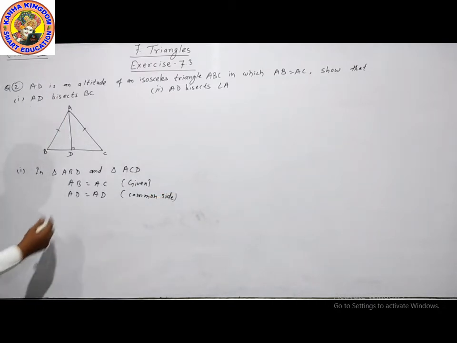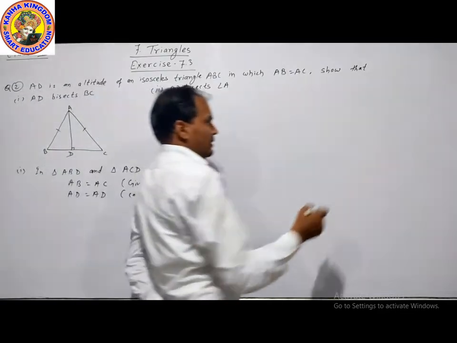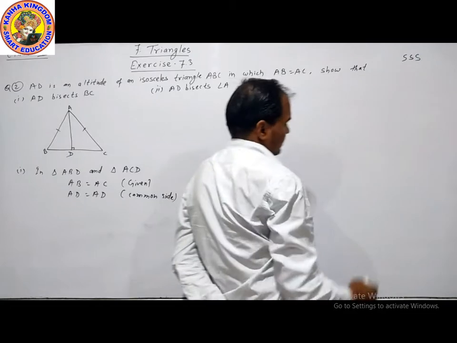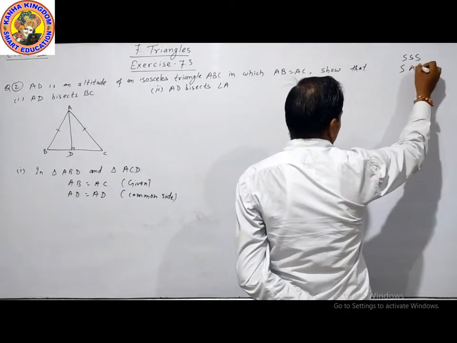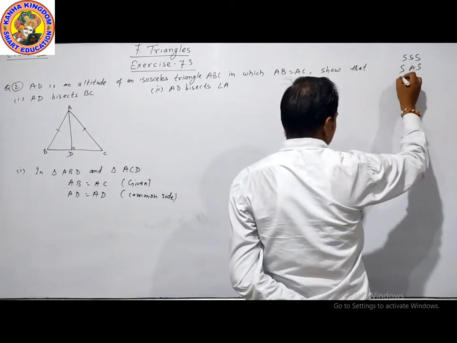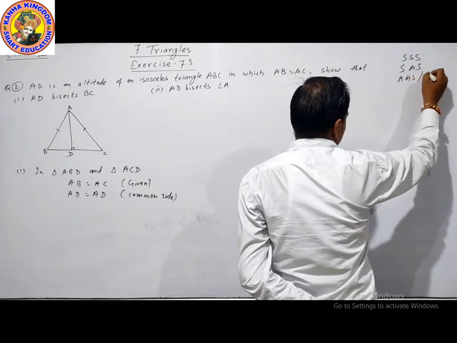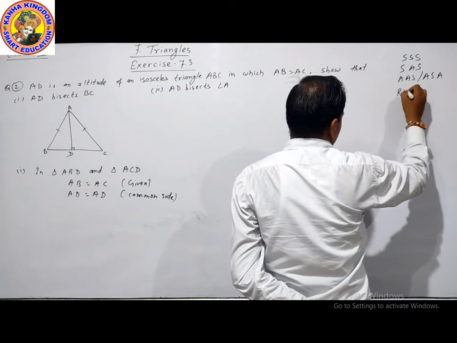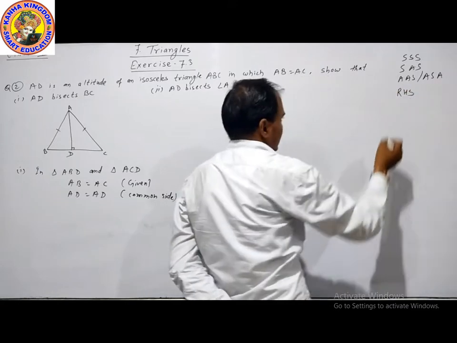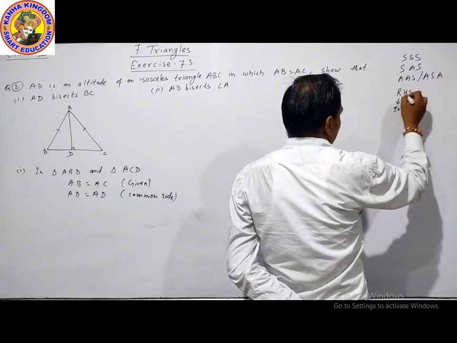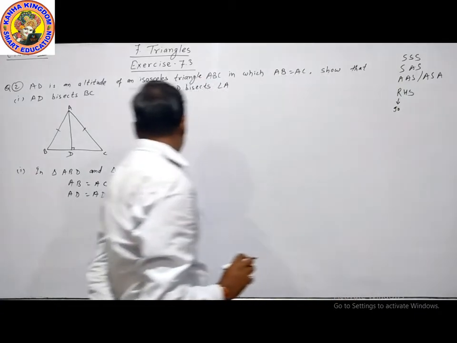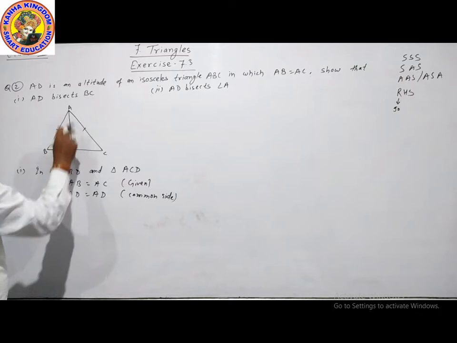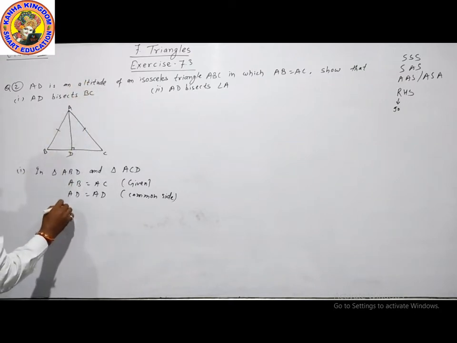Then in congruency, we know that we have four rules: SSS, SAS, AAS or ASA, and the other is RHS, right angle, hypotenuse and side. This is our 90-degree angle because AD is an altitude.